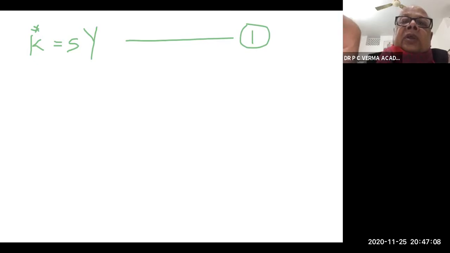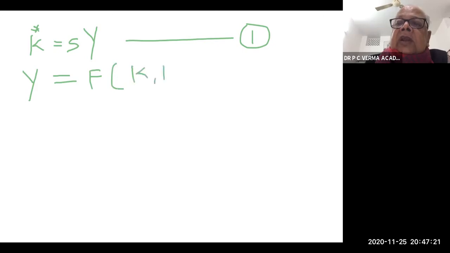So Y is equal to function of K and L. This is equation number 2.